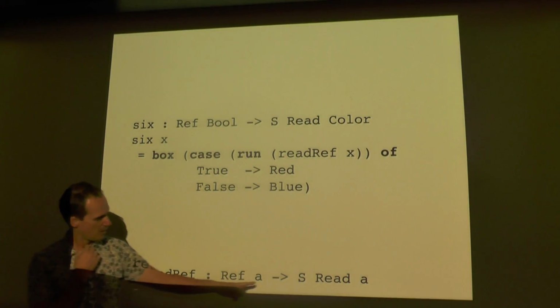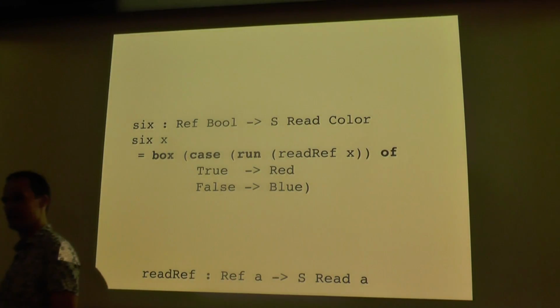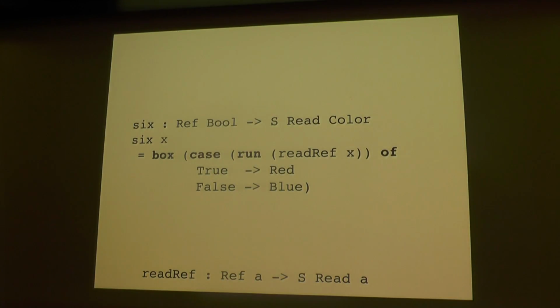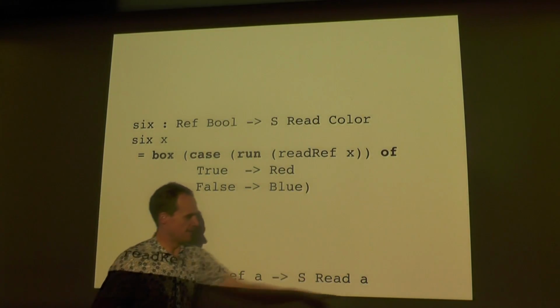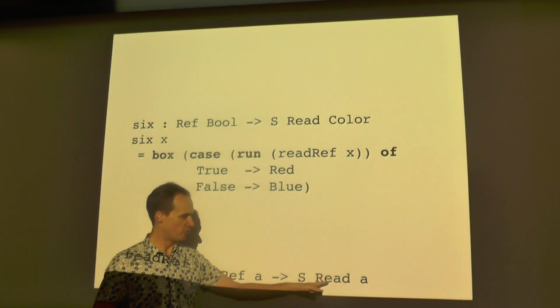a. What this S is, you can imagine that means suspended computation, much like when you have an IO a, it's a box which holds a computation that when you run it, it performs an IO action and gives you an a thing. Whereas this thing is a suspended computation that when you run it, it performs a read effect.